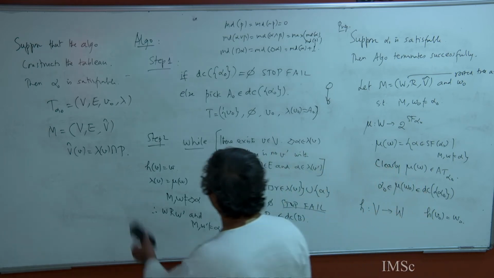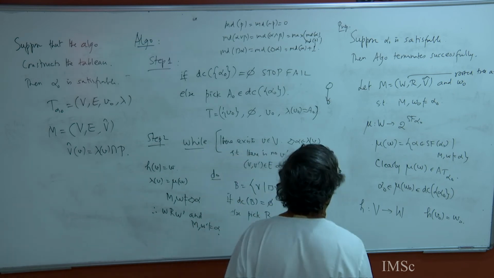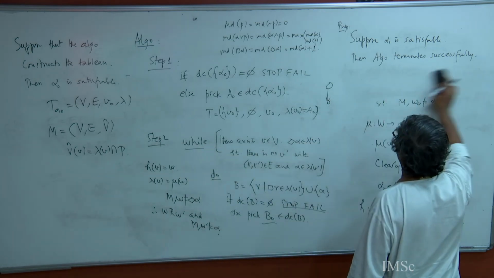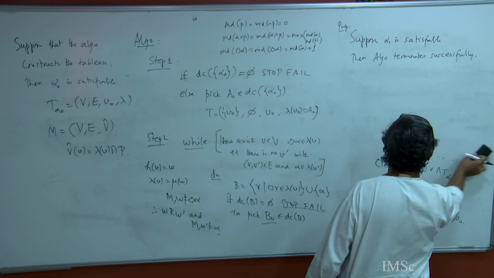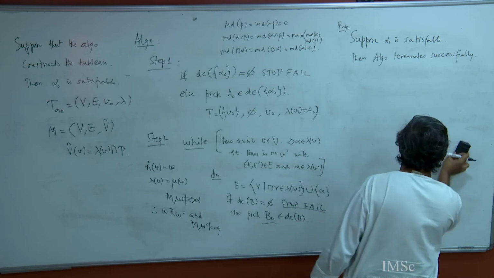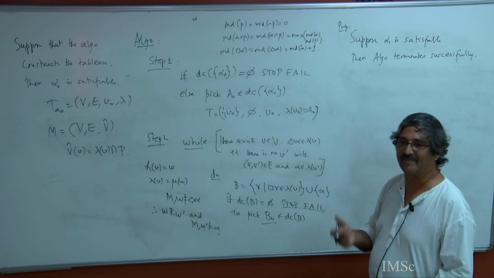Now we have to prove that this actually is a model for this formula. So how do I do that? That is the usual truth lemma that we prove.